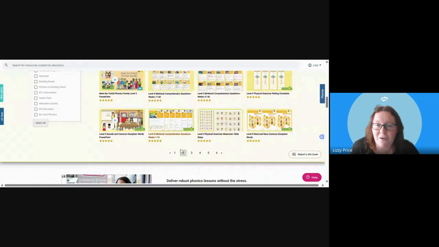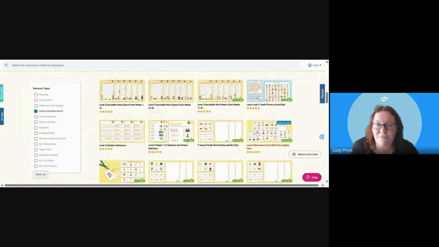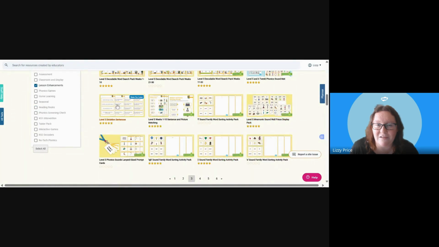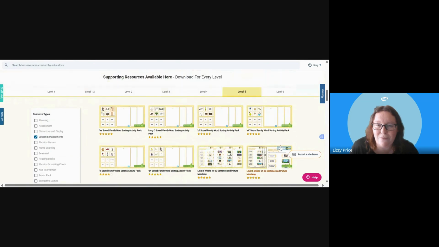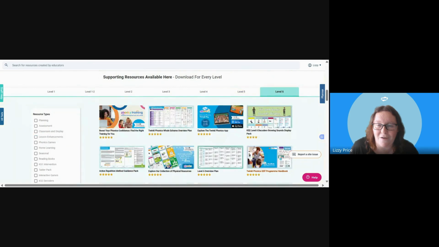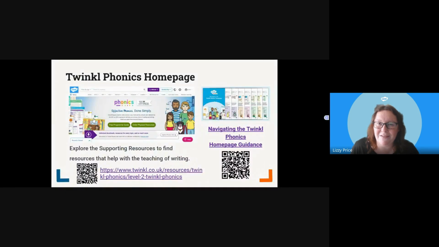But also, if we continue to have a look, you will find that there are different opportunities to practice, such as dictated sentences. And if we go a little further, we will eventually find some handwriting and formation resources within this section as well. But for now, I'm going to bring us back to our slides so you can have time after this event following the link and exploring at your own leisure.